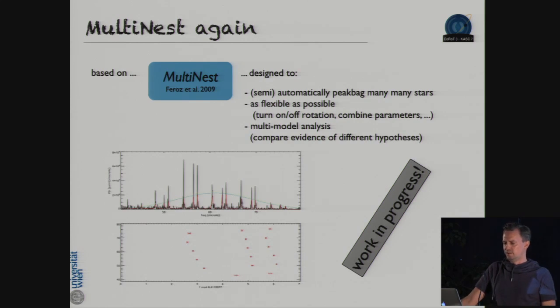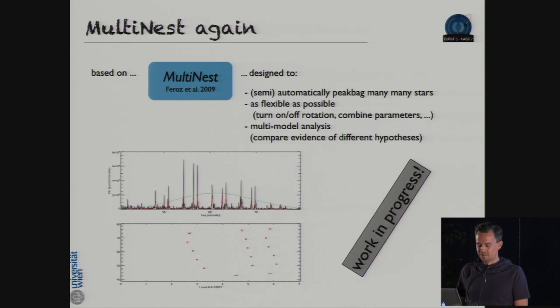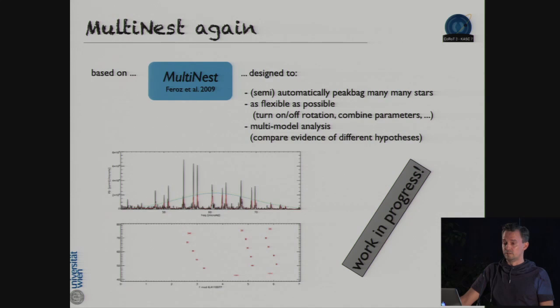Over the years, there have been a number of algorithms developed using Bayesian techniques, but I would like to introduce one of my own. It's not finished yet. I'm again using MultiNest, and the peakbagging tool I'm in charge of is designed to semi-automatically peakbag the many, many stars that we now have available thanks to Kepler and CoRoT.